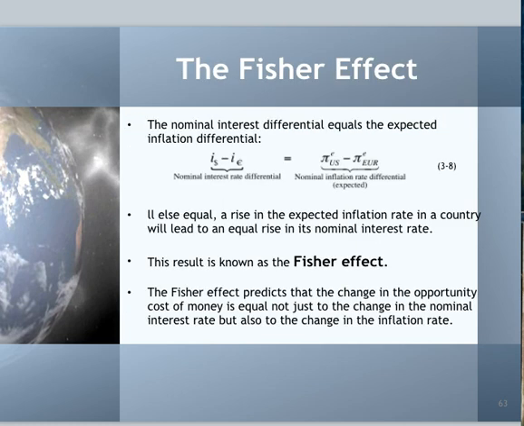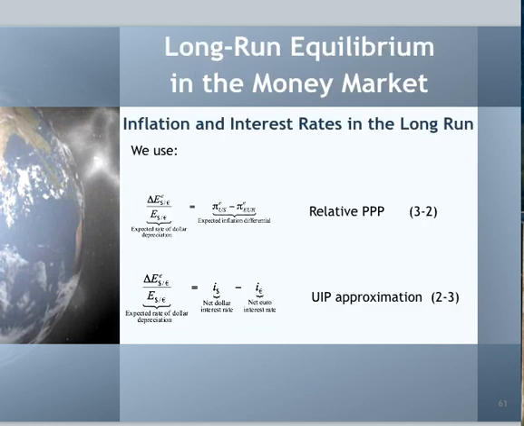So this lets us set the nominal interest rate differential equal to the inflation rate differential. After all, the left-hand side of the two equations was the same, so clearly we can set these two equations equal. We can set the expected inflation differential equal to the net dollar interest rate minus the net euro interest rate.